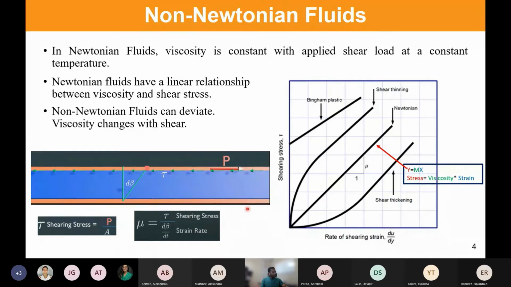The bottom one will retain the initial shape, and the top one will move to another position, which you call strain. Now, like solid, in the liquid as well, you would see strain or change in dimension.